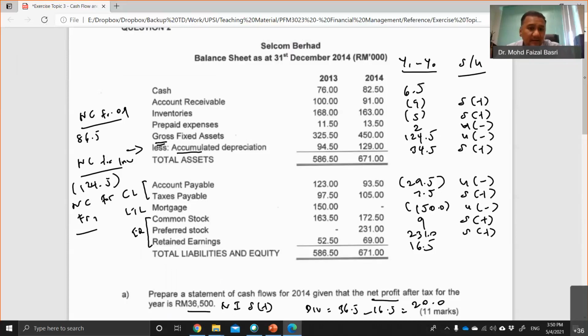I'm not sure. Never mind, put it first. In the financing part, is it? Yes, 48. Okay, so 86.5 minus 124.5 plus 48. Wrong, I wrote it wrong. 86.5 plus 4.5 plus 48. Do you get it? No, 6.5.